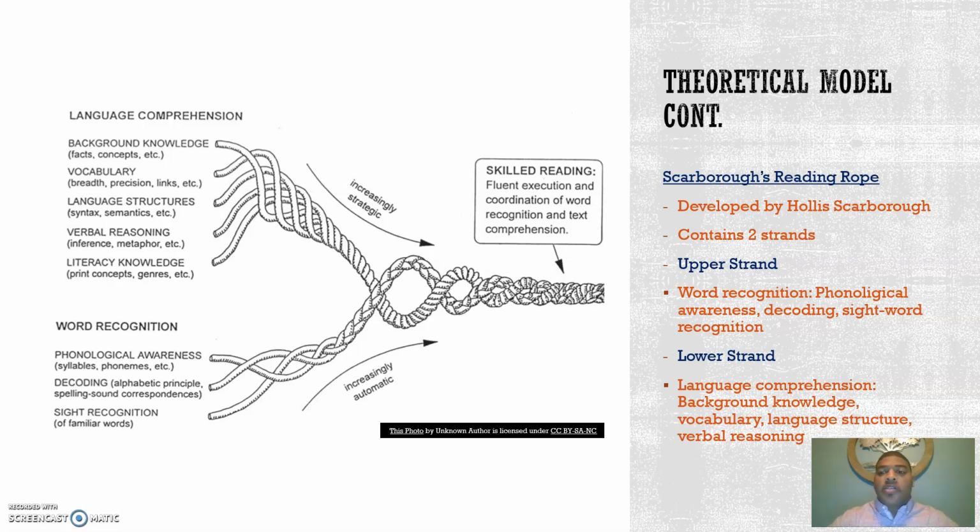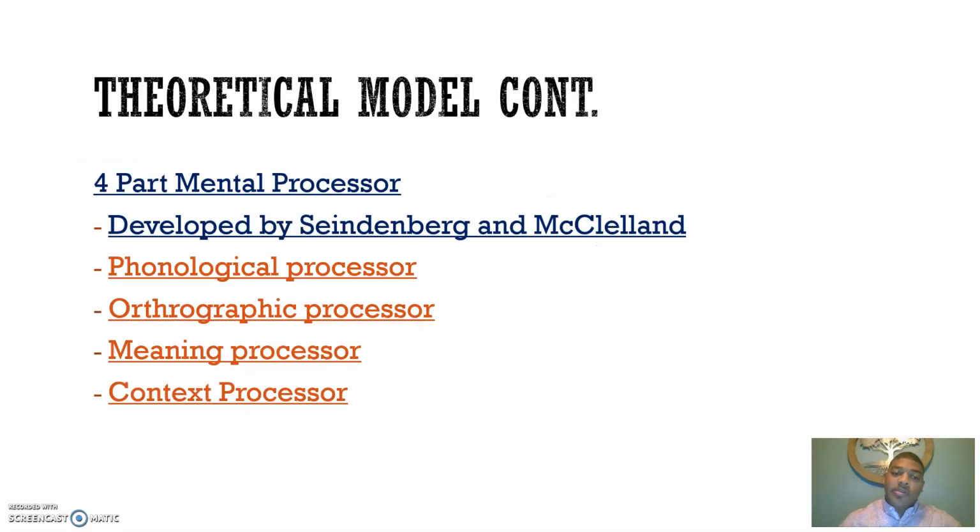Word recognition has the phonological awareness, the decoding, sight words, and language comprehension has their background knowledge, the language structure, and with all of these different things, they work together with these two strands and they bind and weave based on those underlying components that they both contain, and they produce a skilled reader who's building that fluency and the accuracy and automaticity with that process.